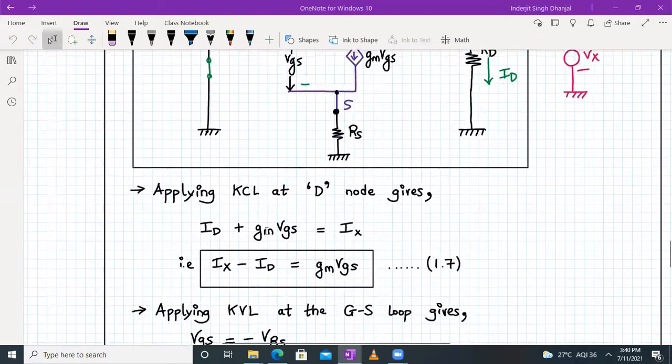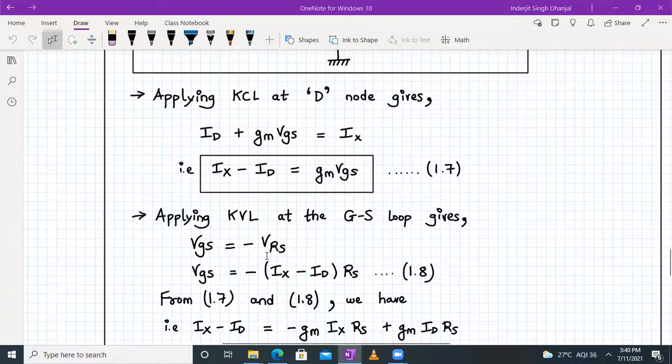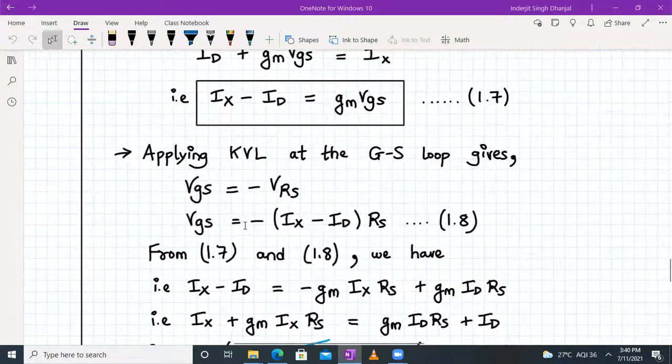VRS will be equal to the current gm into VGS into RS. And what is gm into VGS? Ix minus ID. So VRS, gm into VGS into RS, will be equal to Ix minus ID into RS. So VGS is equal to minus Ix minus ID into RS, which we call equation number 1.8.